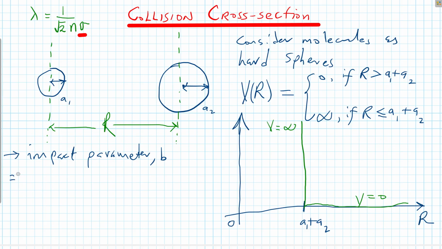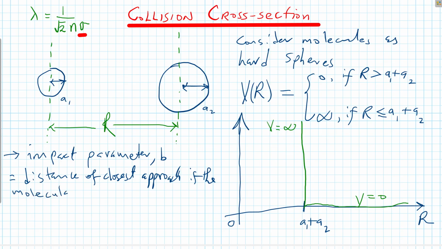Let's say it is letter B. This is actually the closest distance. So this is the distance of closest approach if the molecular trajectories were undeflected.